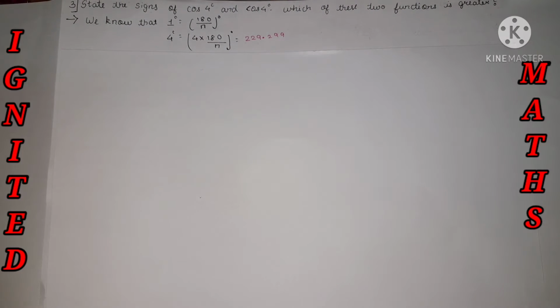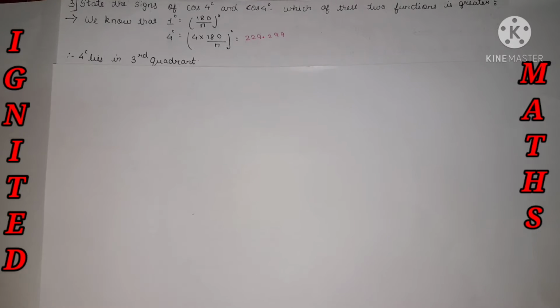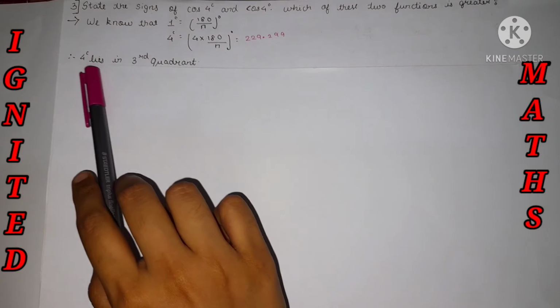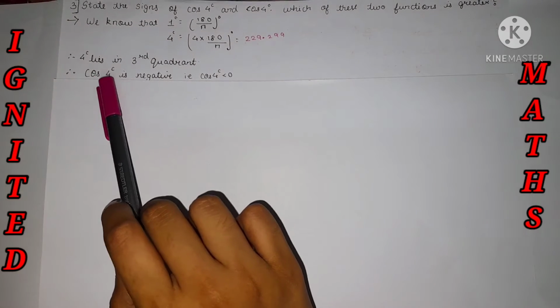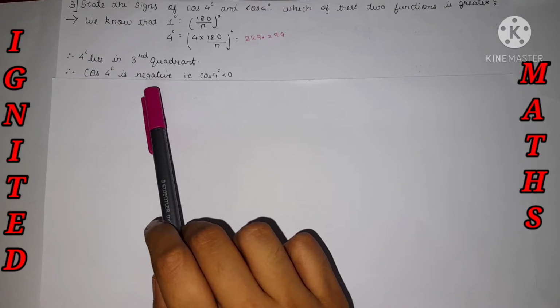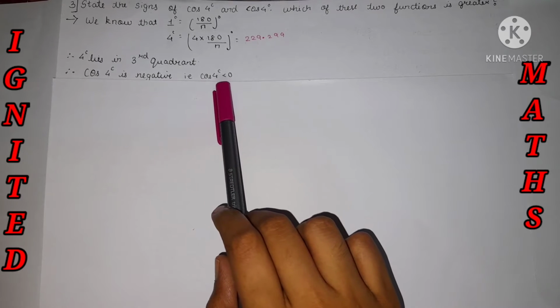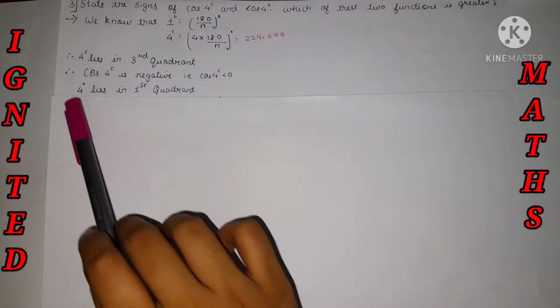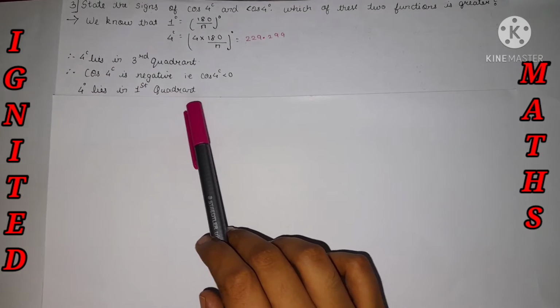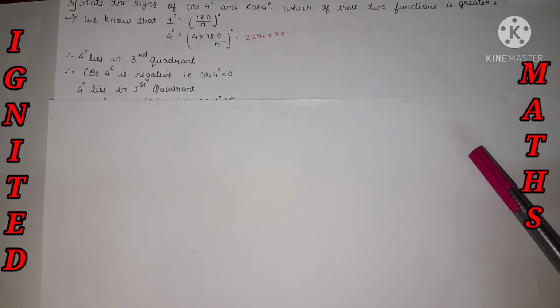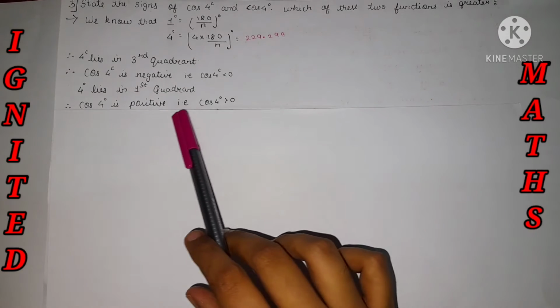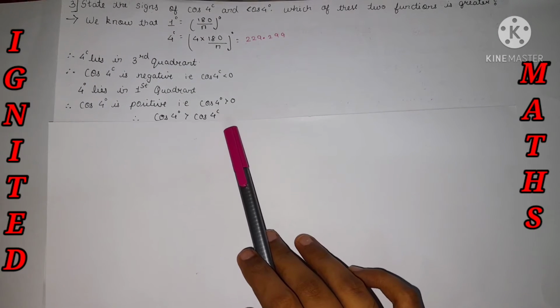Let's see the complete description of this concept. 4 radian lies in the third quadrant, and cos 4 radian is negative because it lies in the third quadrant, so it will be less than 0. 4 degree lies in the first quadrant, so cos 4 degree will be positive, so it will be greater than 0.